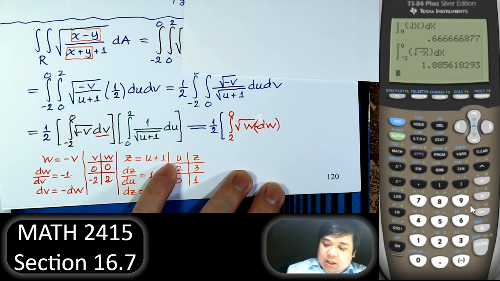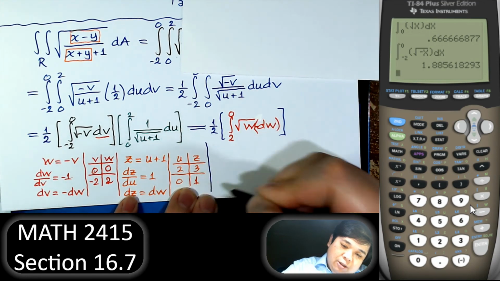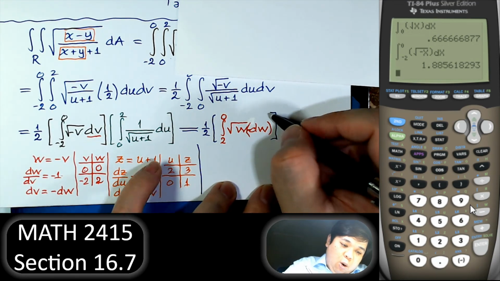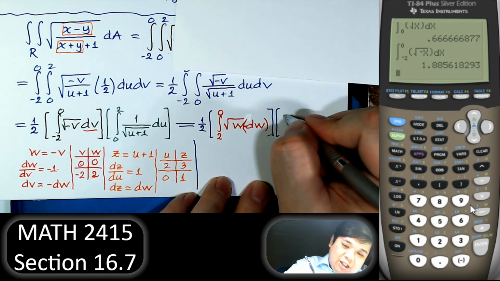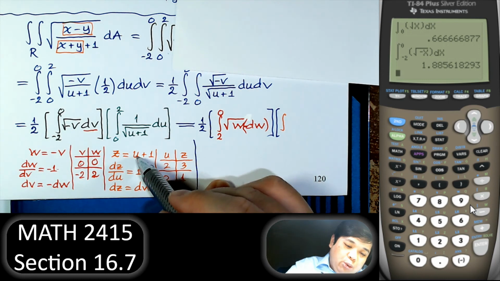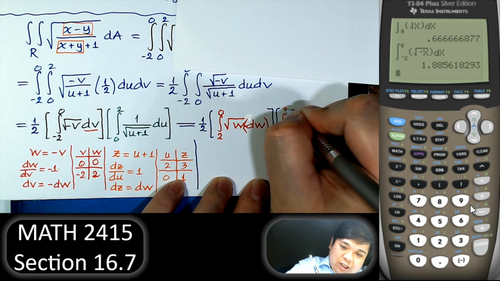That is w. Or integral for v. For the other one, instead of limits for u, we're going to use z, 1 and 3.